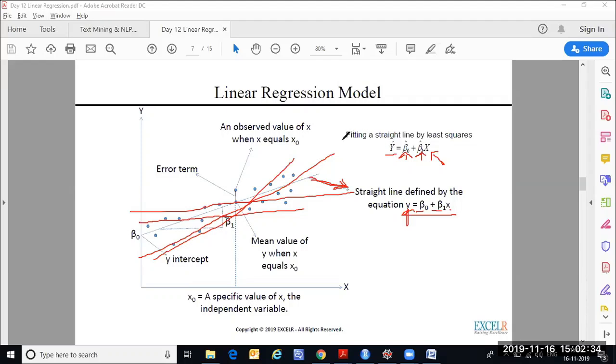Fitted values are expected values. The fitted values, the predicted values of y, are represented as y hat is equal to the predicted value of beta naught plus the predicted value of beta 1 into x.